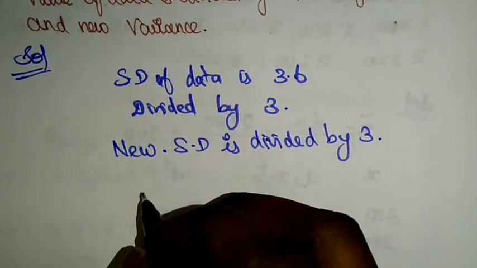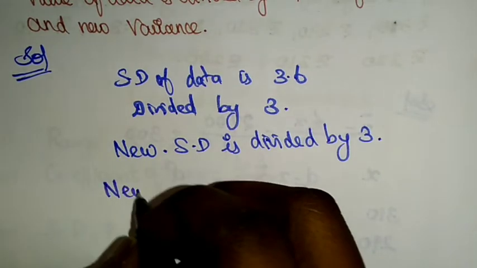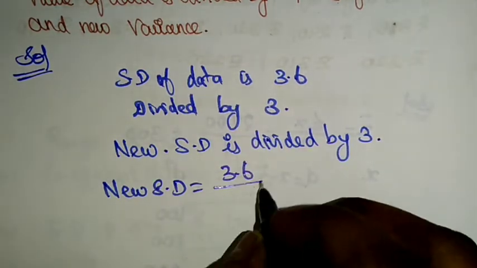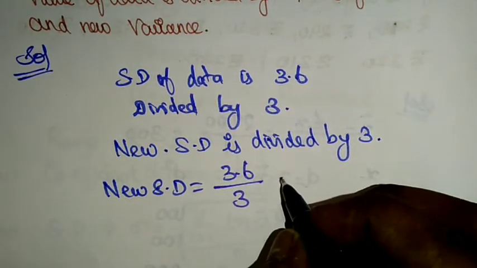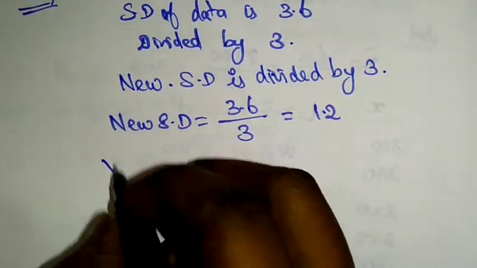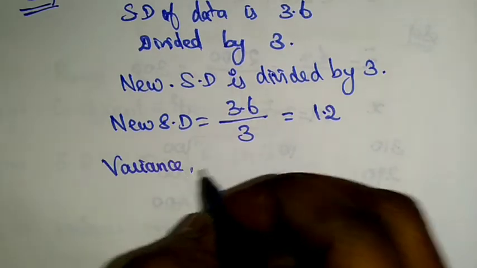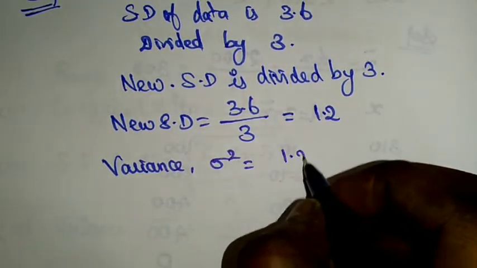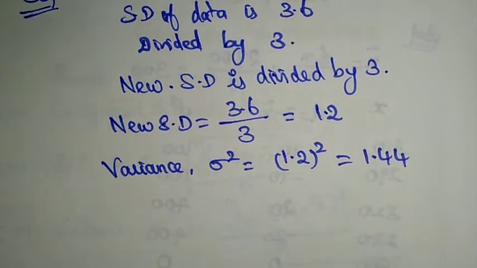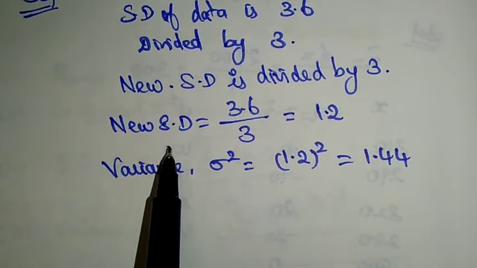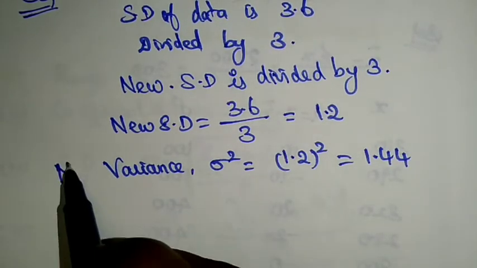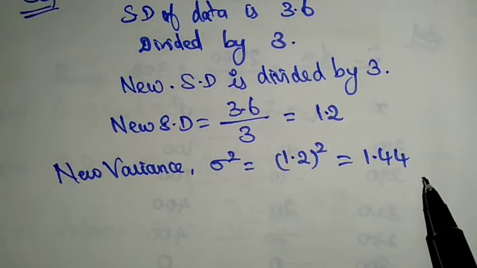So the new standard deviation is given by the standard deviation of the data divided by 3. Here we get 1.2. Now the variance is sigma square, so 1.2 whole square is equal to 1.44. So the new standard deviation is equal to 1.2 and the new variance is equal to 1.44.